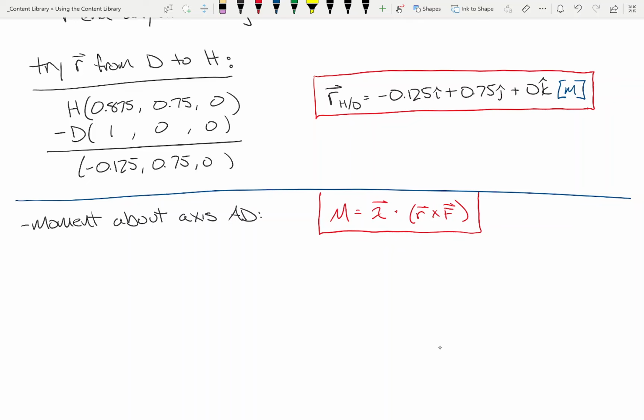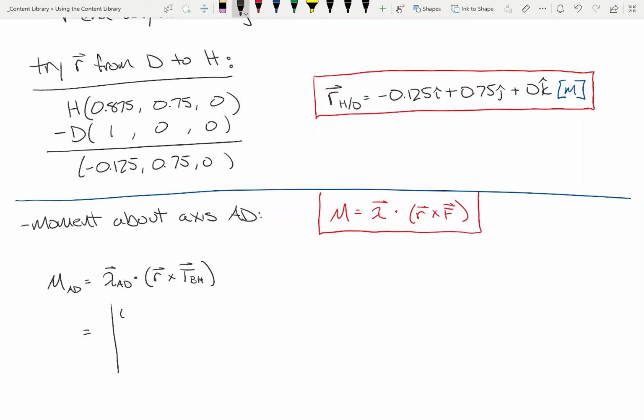One way of doing this calculation is to just do the whole thing in one fell swoop.